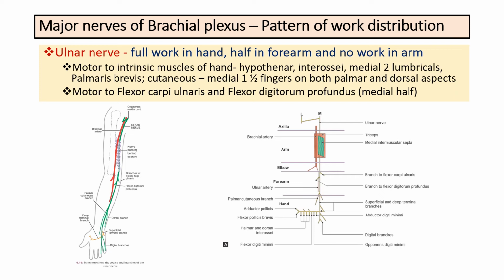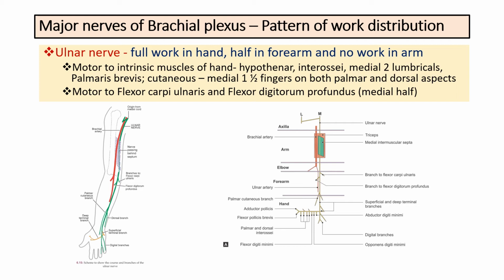So this one nerve will be passing through the arm, and then its relations you have to recollect, its relation with the medial epicondyle of the humerus, then how it will be entering into the forearm, and its course through the medial part of the forearm, and then going into the palm, and its distribution.